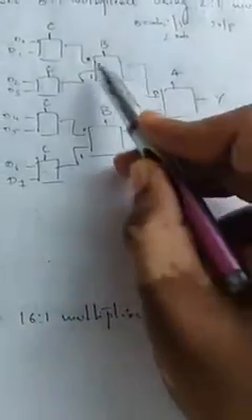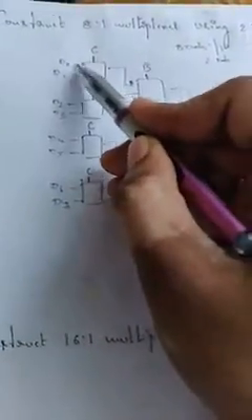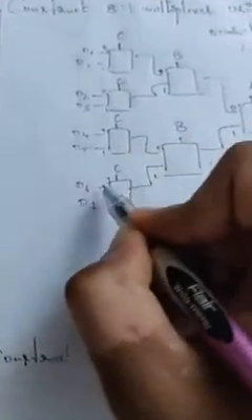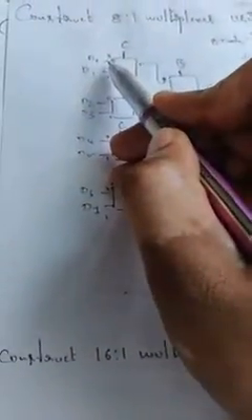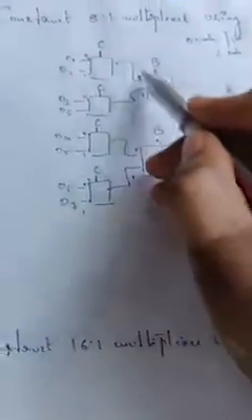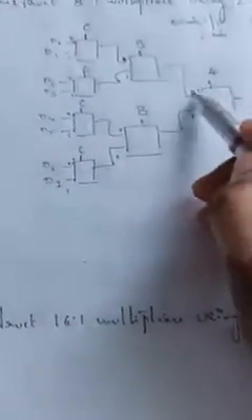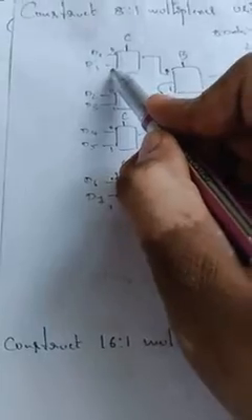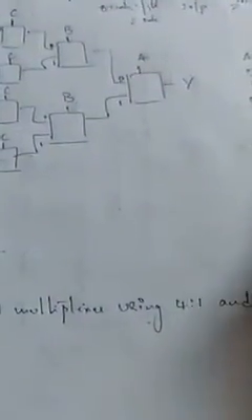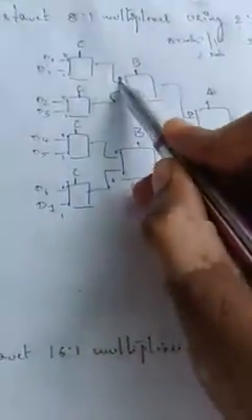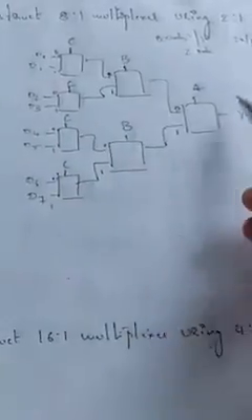So A is 0, B is 0: A is 0 means it will come here, B is 0 means it will come here, C is 0 means D0. 0 0 1 is D1, C is 1 means D1.